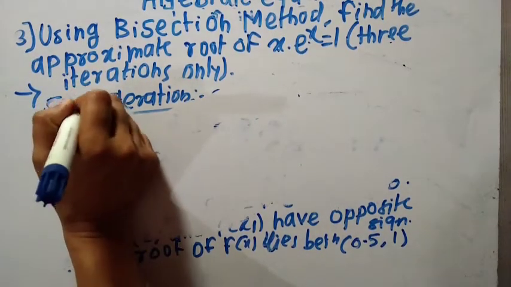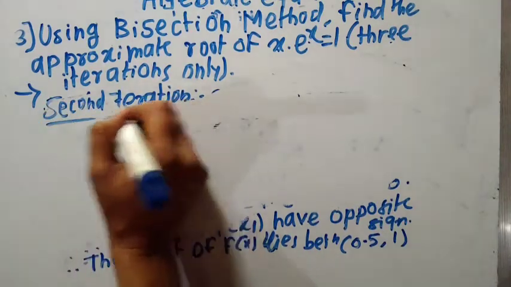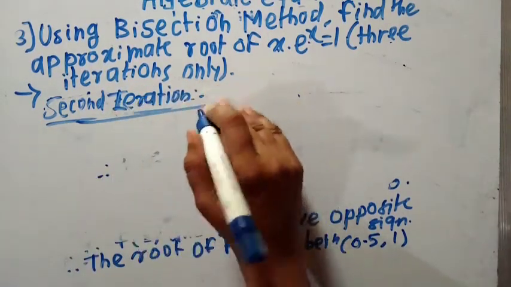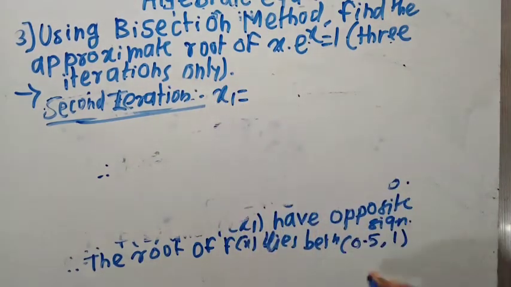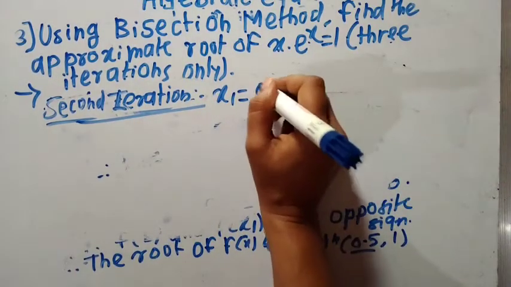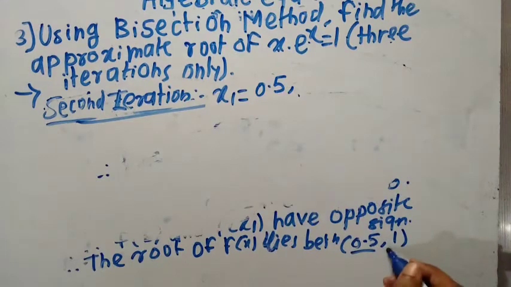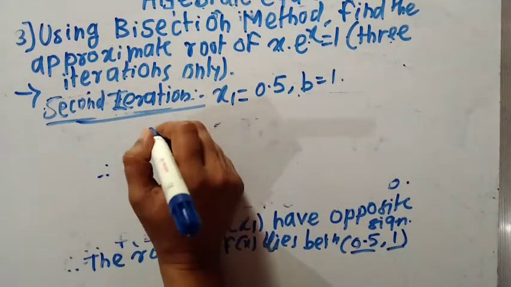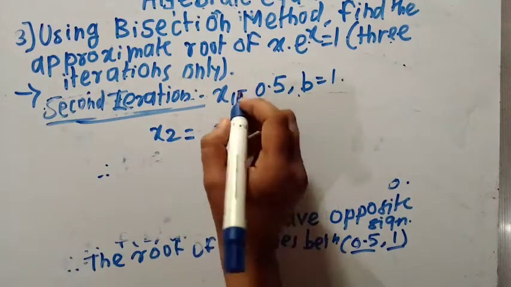then second iteration here. Now take x1 as 0.5 and b is equal to 1. So find out x2 first.